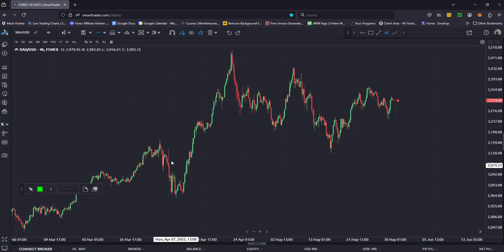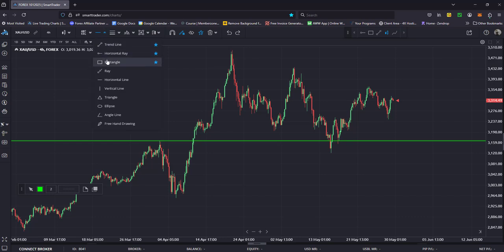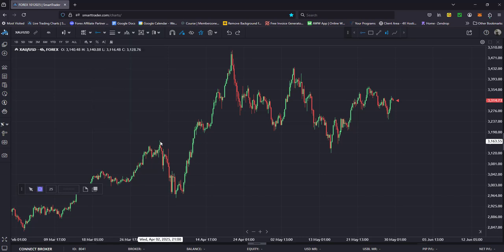It's not random. When we draw a line, I want to use the horizontal ray, right? When we draw a line from this area here and go back and look at it, it caused this market to fall. So this is resistance.